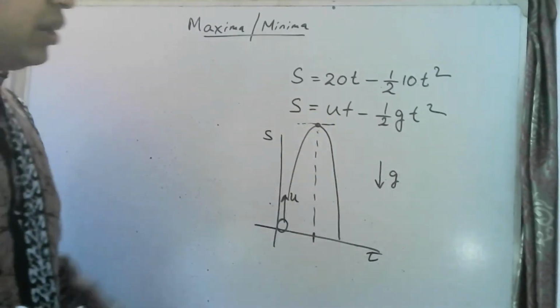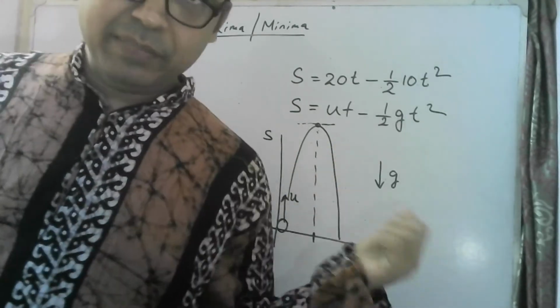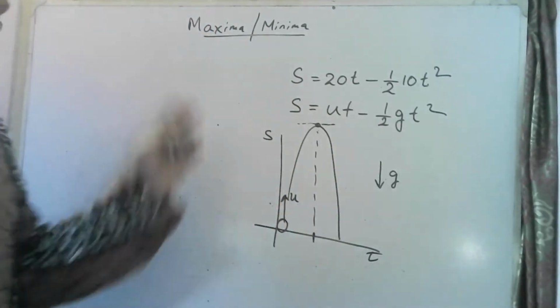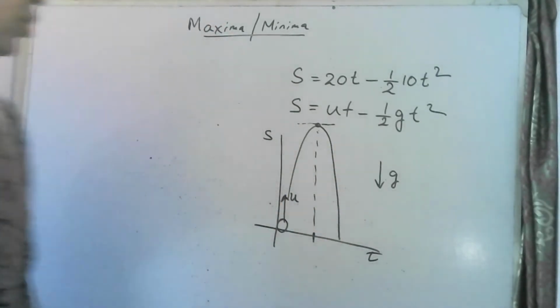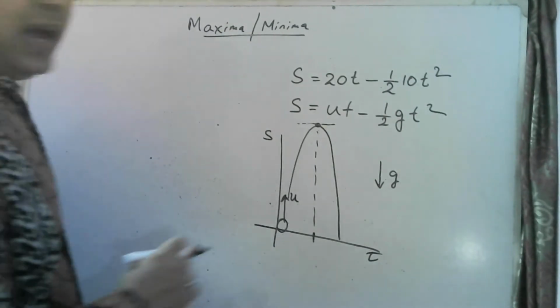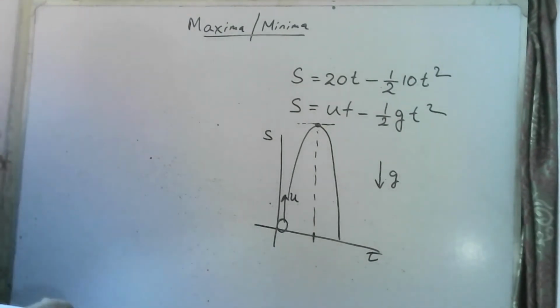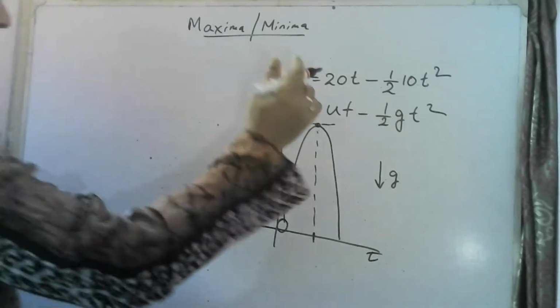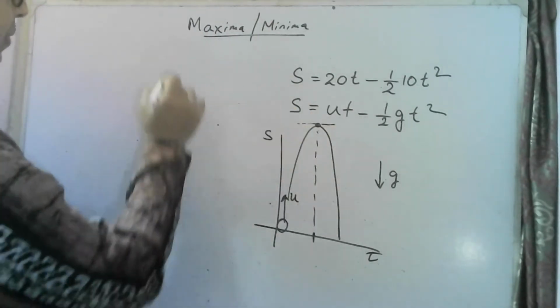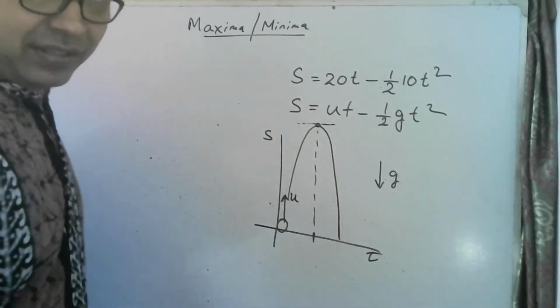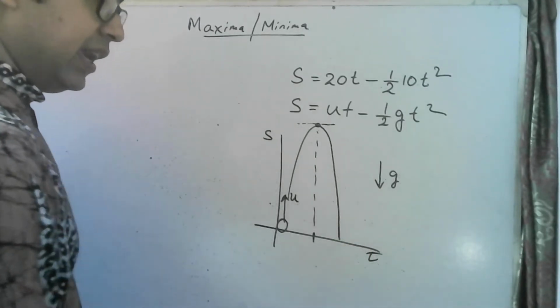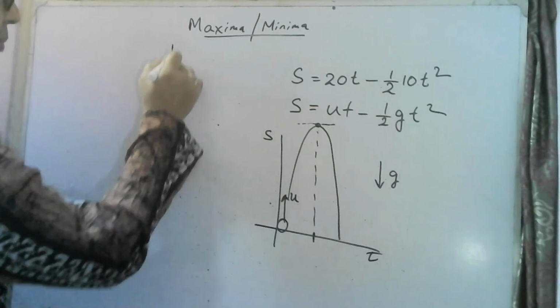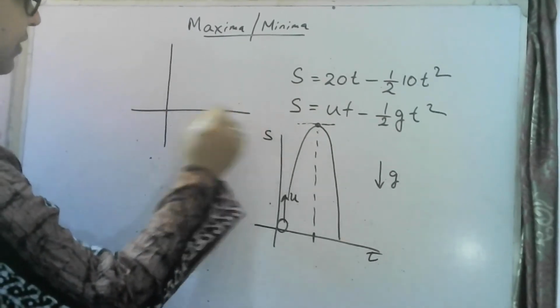So in this way we can see many problems where we require maxima and minima. For maxima and minima, you have to follow a two-step process. But maxima and minima may not always be present, because suppose the equation is something like this.